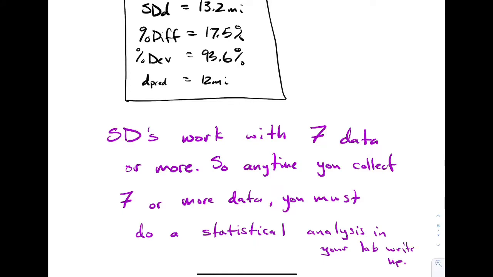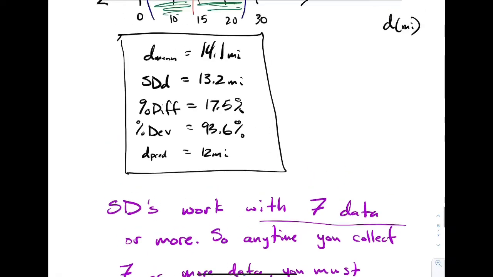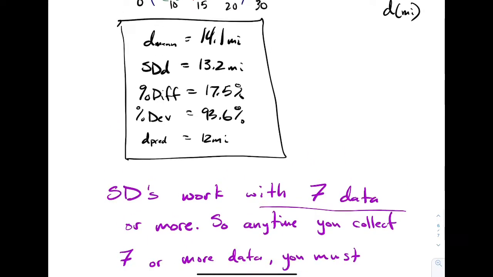It's how we analyze if our experiment was successful or if we supported or disproved something. It's very important. But you must have at least 7 data, or else you really can't do any of these calculations except a mean and perhaps a percent difference.